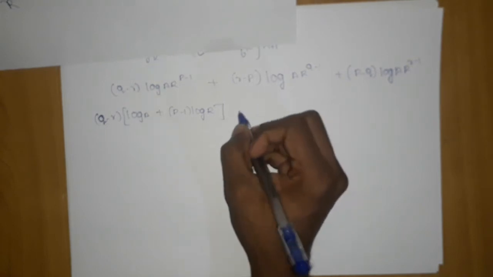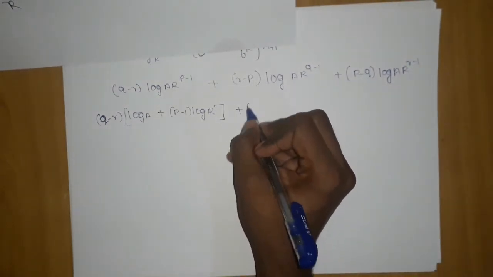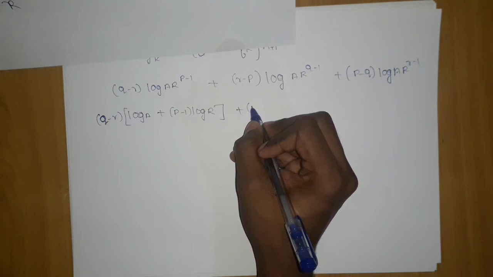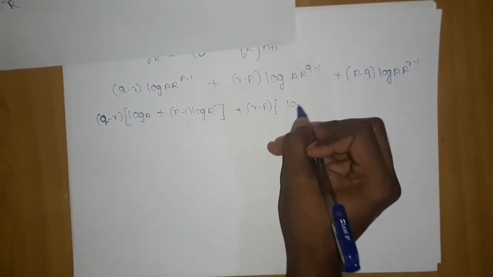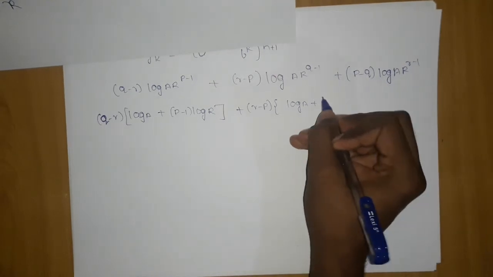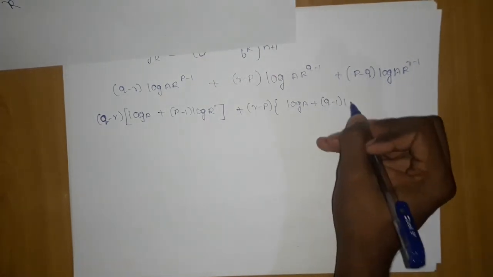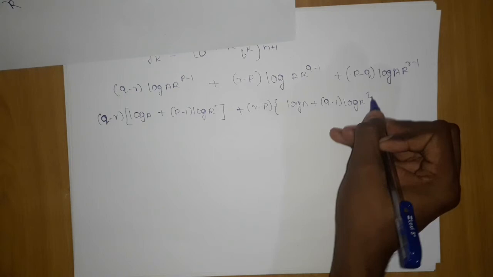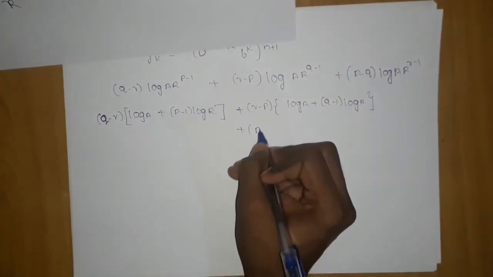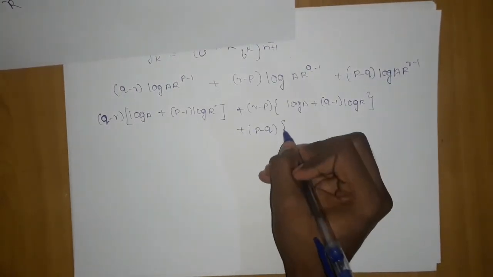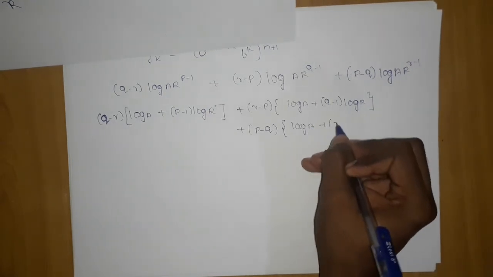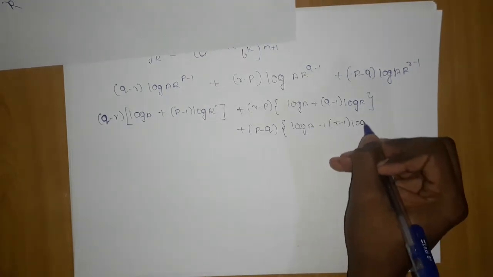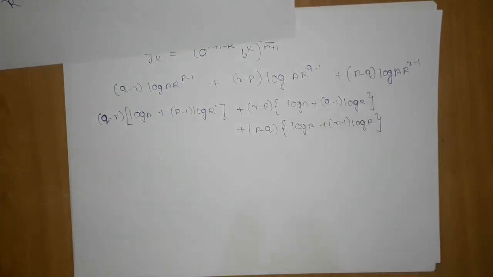Similarly, here it will be r minus p, and this will be log a plus q minus 1 into log r. Here it will be p minus q, and here log a plus r minus 1 into log r. So we got the whole thing.